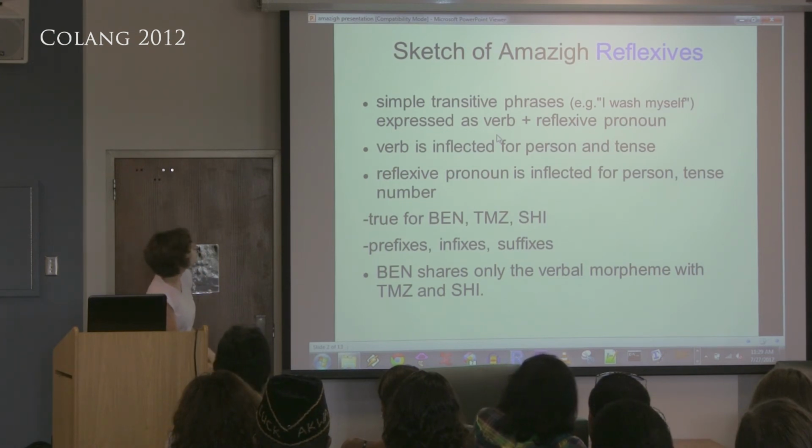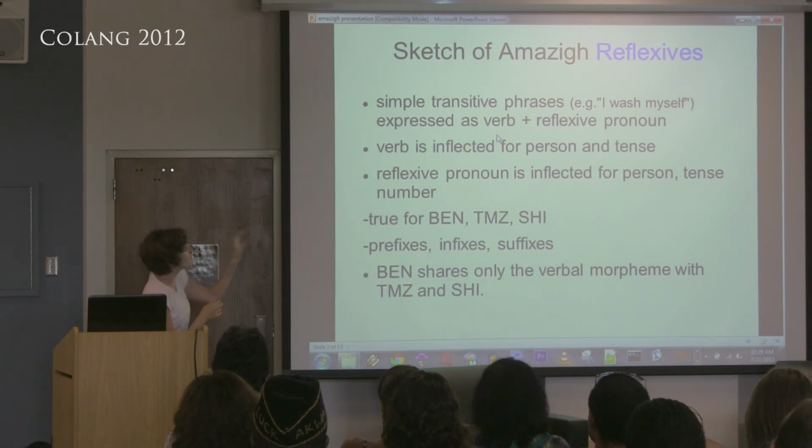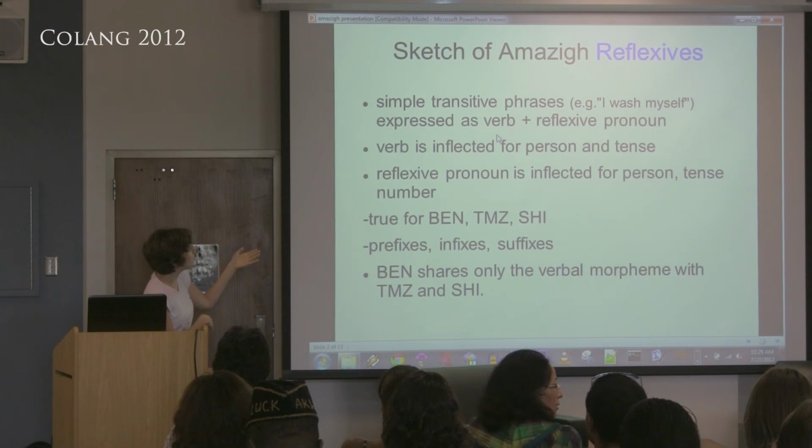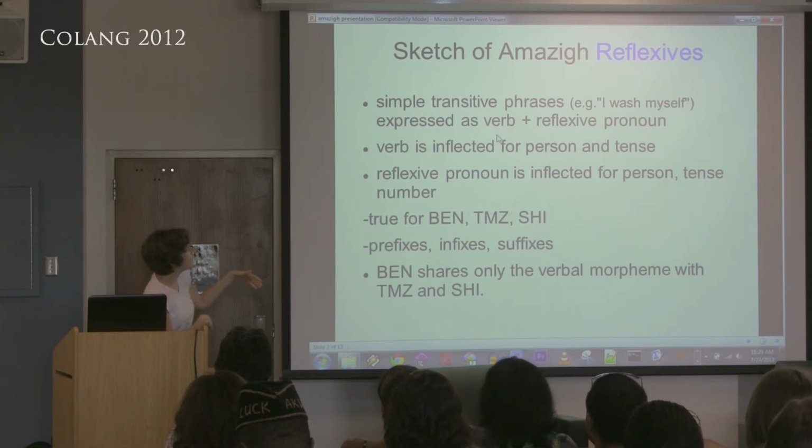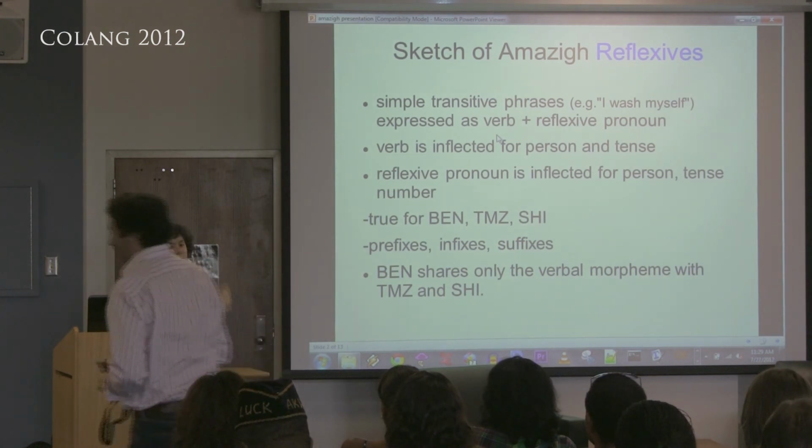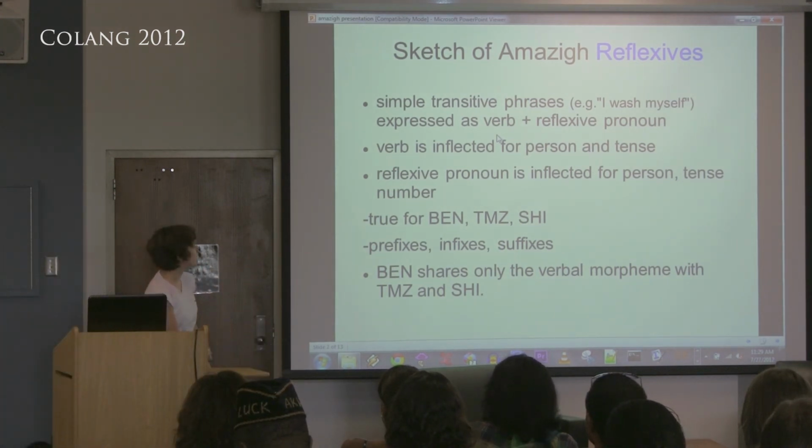Okay, so with reflexives, it's really just the verb and reflexive pronoun. You can say the whole phrase like that. So the verb is inflected for person and tense, and the reflexive pronoun is inflected for person, tense, and number. So there's kind of duplication there. And all of this is true for all three varieties we were talking about.